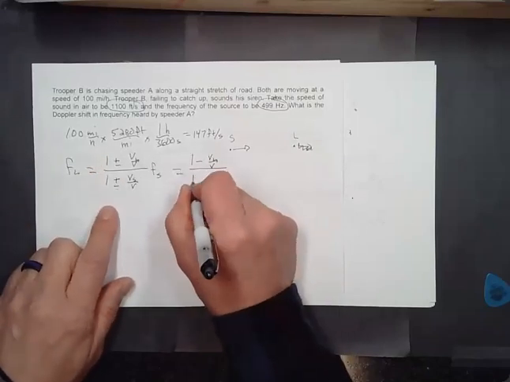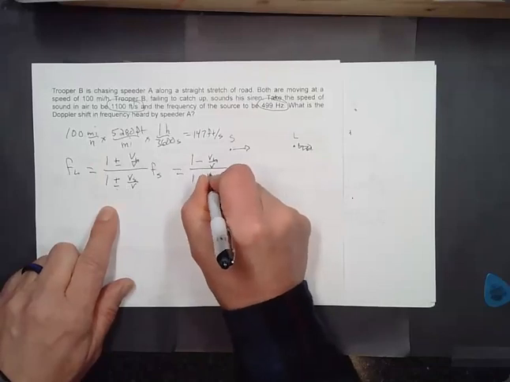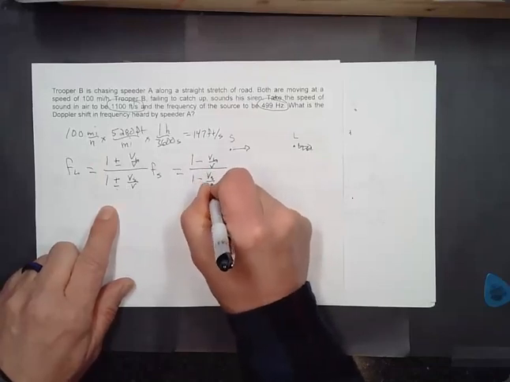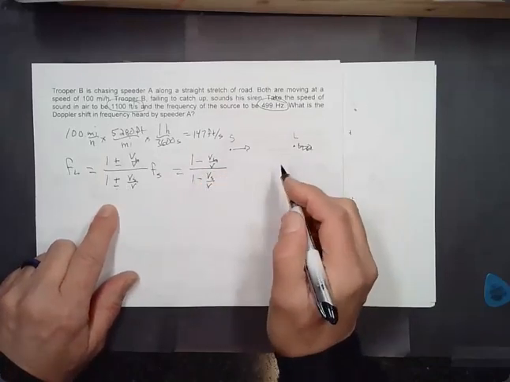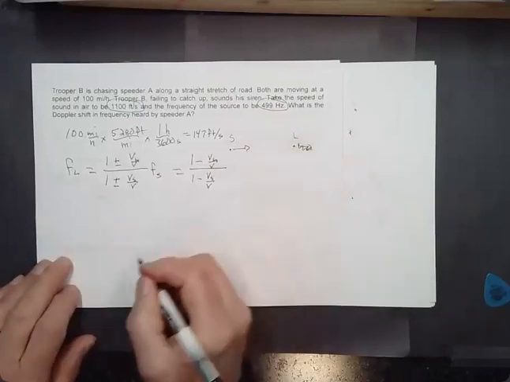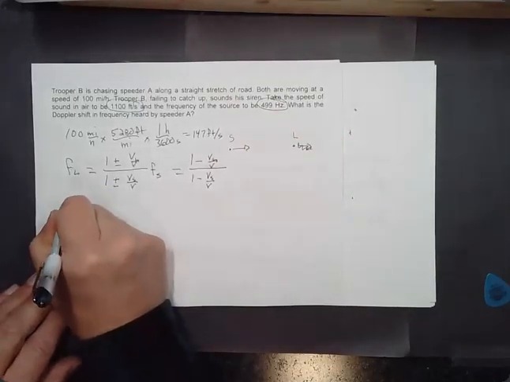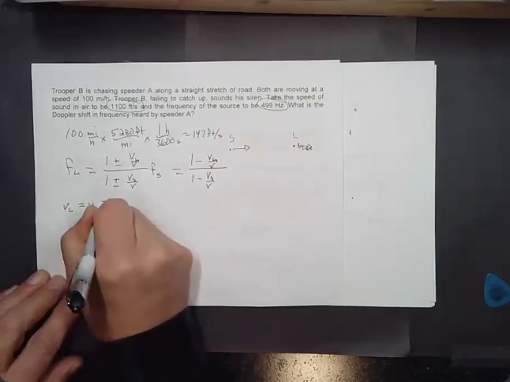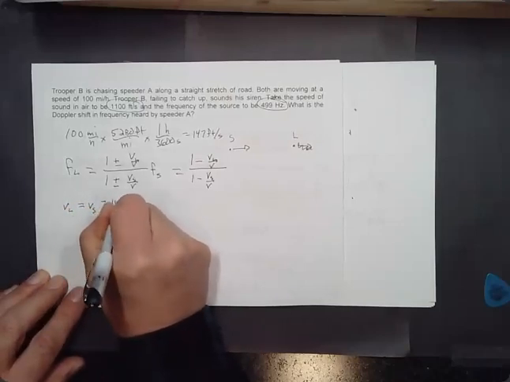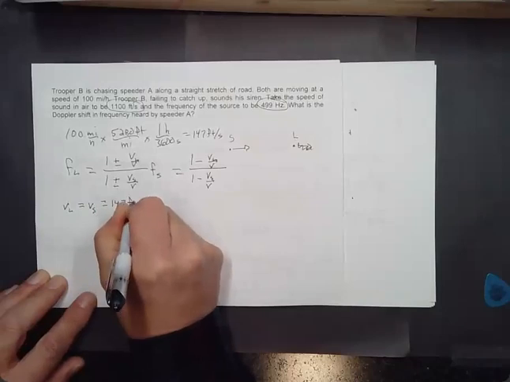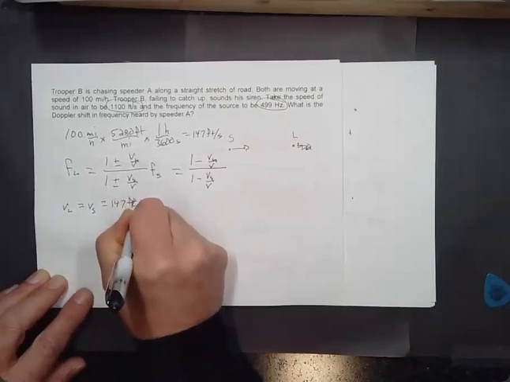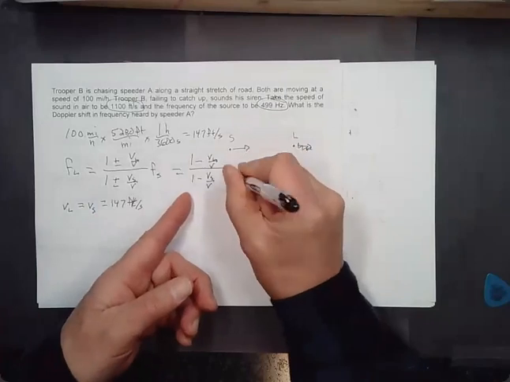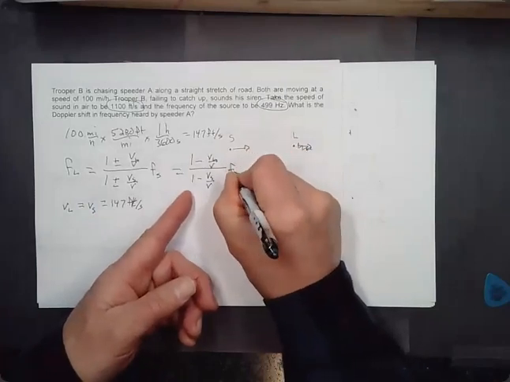So you'd have 1 minus V_S over V. Now, recognize that V_L is equal to V_S. They're both moving at 147 feet per second. Whoops, I still have to have the frequency of the source here.